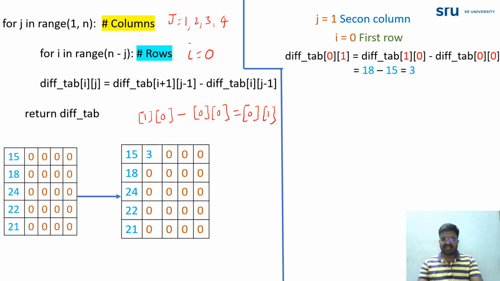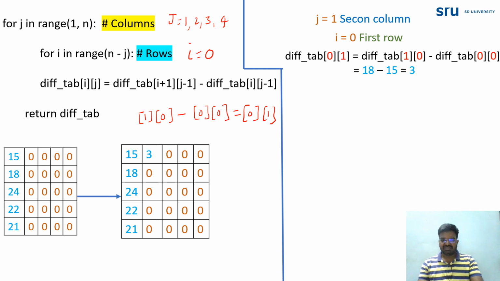We have to calculate the differences. We put i equal to 0 and j equal to 1. So what is the result here? The difference table 0, 1 means the first row, second column element. On the left side, we have to save the result in the first row, second column. What is the difference?